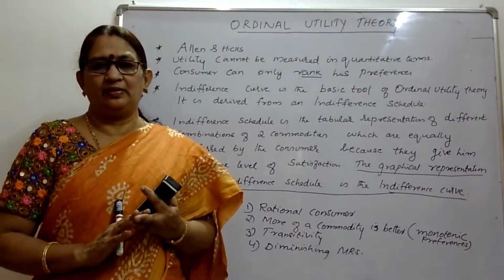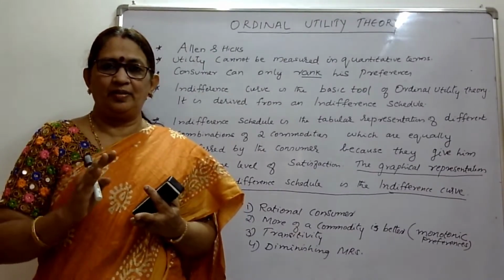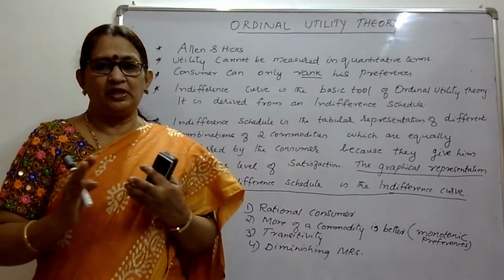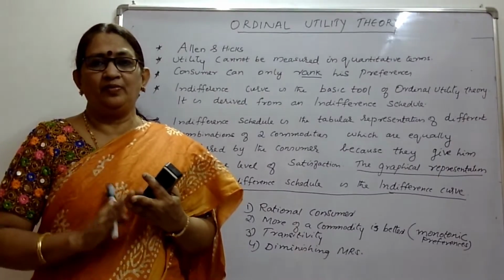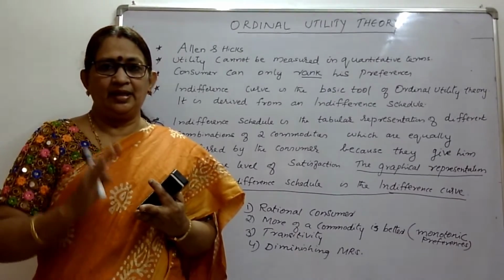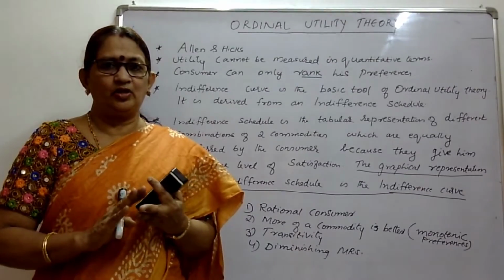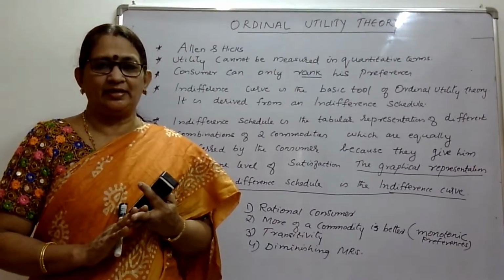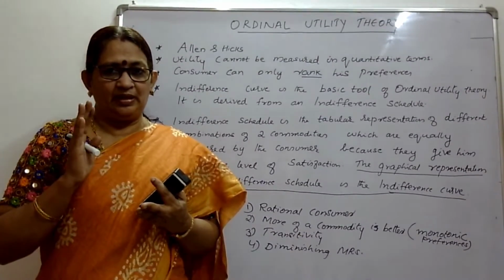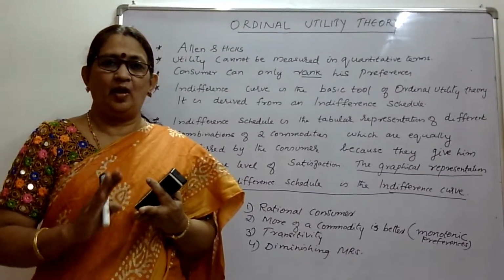Another assumption is the diminishing marginal rate of substitution. A consumer is substituting one good for the other, and while substituting, the amount of good sacrificed in order to gain one more unit of the other good is decreasing. We will see this also. So the 3 assumptions are: the consumer is rational and wants maximum satisfaction; second, he prefers more of both goods, or more of at least one good and not less of the other.